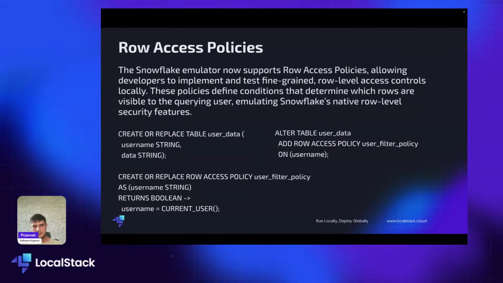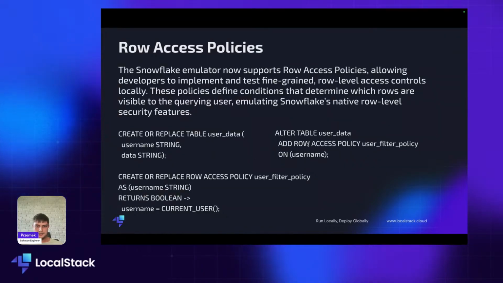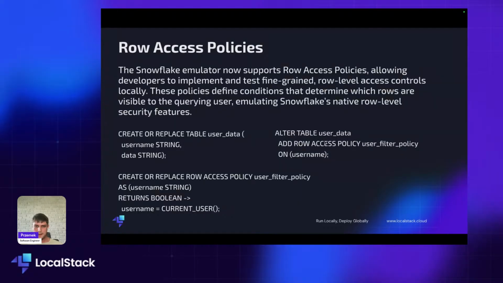Basically, you can create a table first with this query on the left-hand side, then create a row access policy that is basically masking a column, username here, and then enable the row access policy on the table using the alter table query here. We're just basically adding the row access policy to a table and enabling it on the username column.